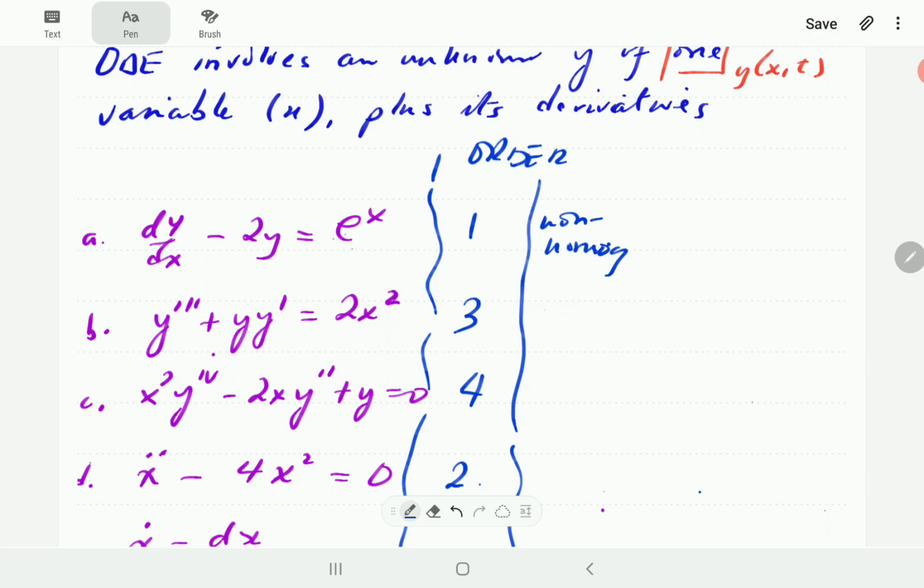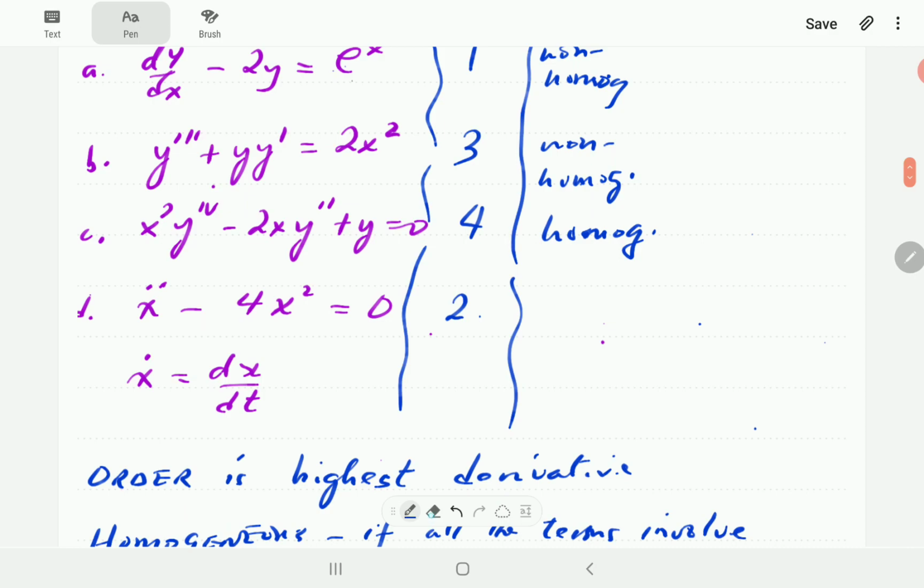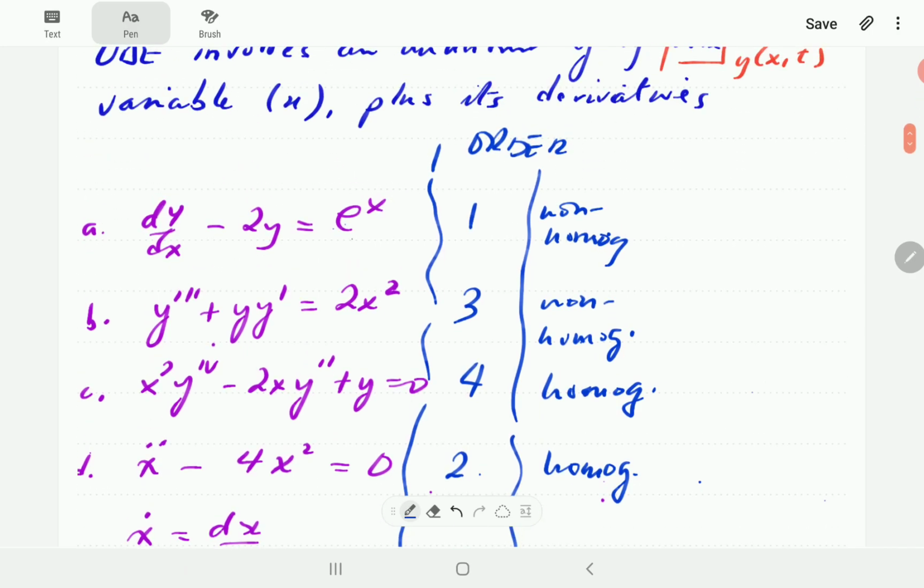There's no y there, so this one is also non-homogeneous. For C, we have got y here, y there, and y there. So that one is homogeneous. And for D, remember the dependent variable is x. Got x here and here. So that one is also homogeneous. So that's homogeneity in this column.